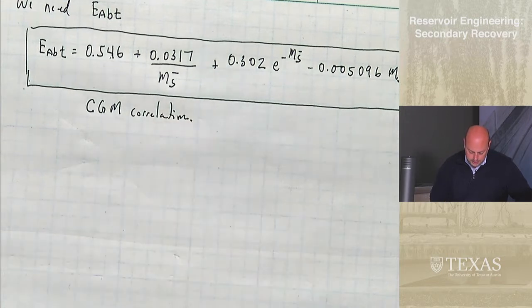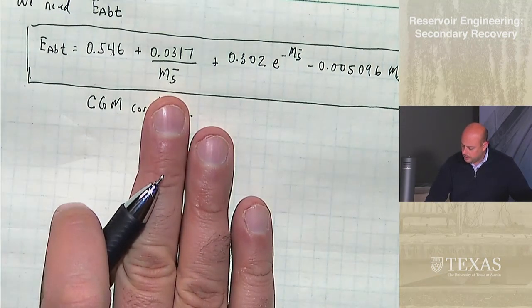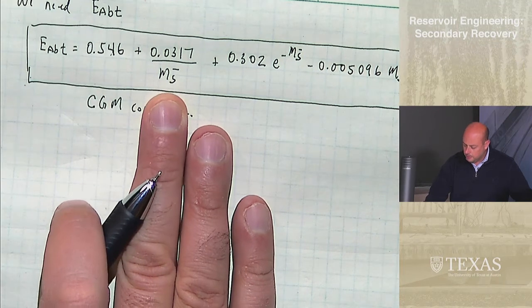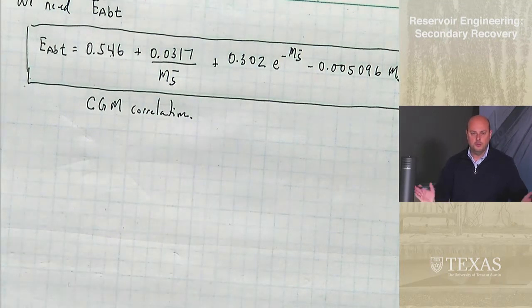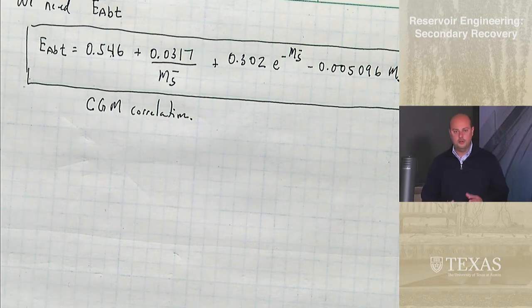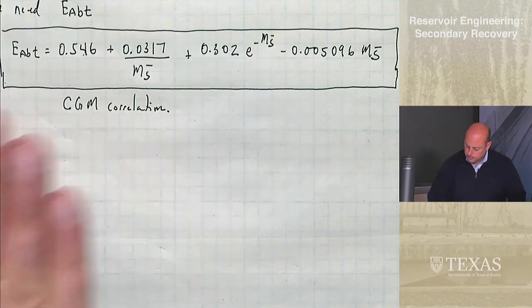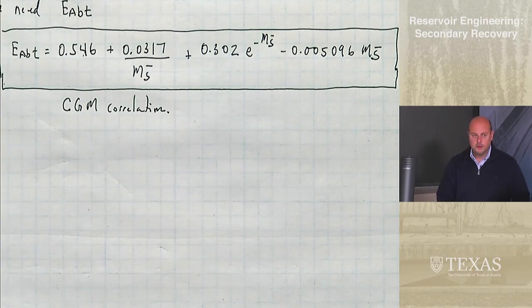This only applies at mobility ratios greater than about 0.2 or so, because if you put a really small number in there, then this number blows up and you get a value greater than 1, which of course doesn't make any sense. You can't have an areal sweep efficiency greater than 1. But as long as the mobility ratio is greater than about 0.2, then you can use it.